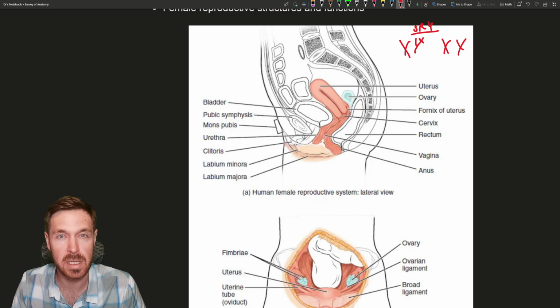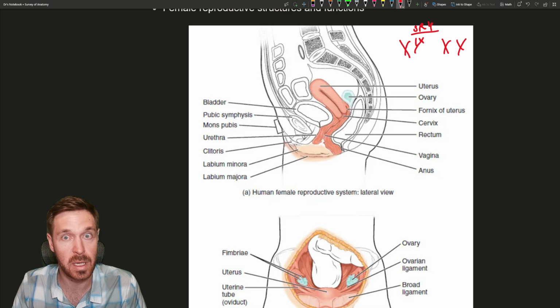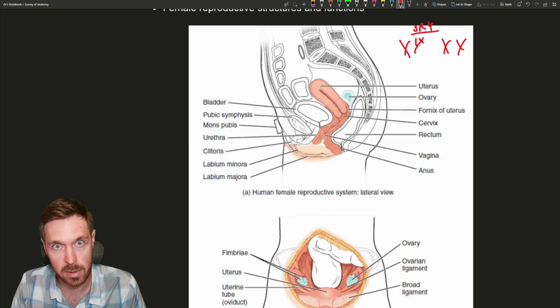That testosterone leads to the male duct network being maintained and the female duct network breaking down, and then the formation of the male sex organs. The female does not get that boost, and so the male duct network is broken down and the female duct network persists. But besides the ducts and tubes themselves, the structures were relatively similar.